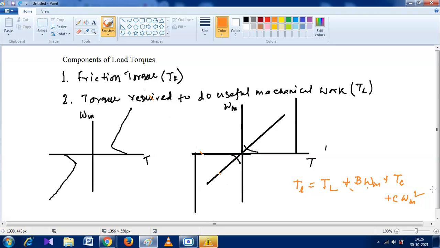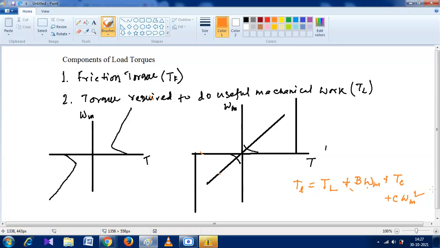Another is Tc, called Coulomb friction, which is independent of speed.